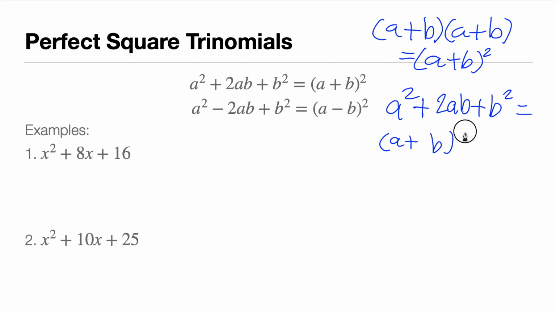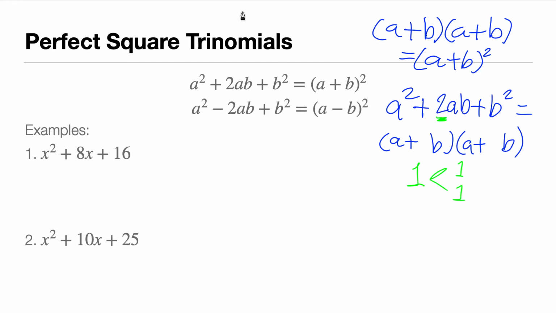Since it's plus, we're going to follow that, a plus b. Now what we're going to do is to find the factors of 1. There's a 1 here as a coefficient. What are the factors of 1? We have two factors only of 1, which is 1 and 1. This 1 and 1, when added, is 2, which is actually correct here.